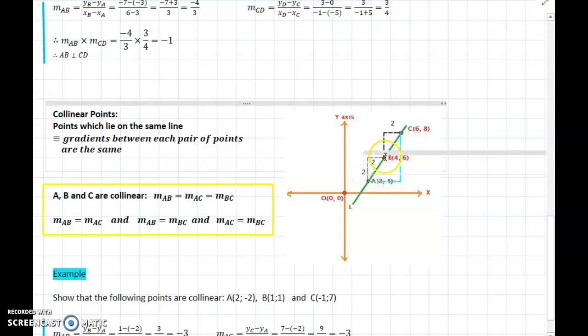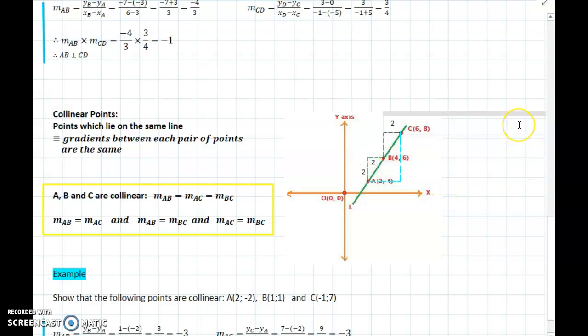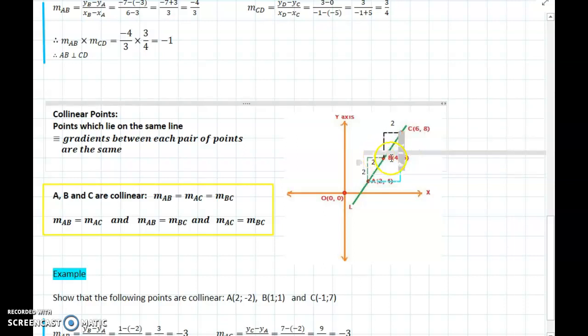So that gradient is 2 over 2, which is 1. And if I work with B and C, the change in the y is also 2 from 6 to 8, and the change in the x values from 4 to 6 is also 2. So the gradient between B and C is 1 as well, 2 over 2.